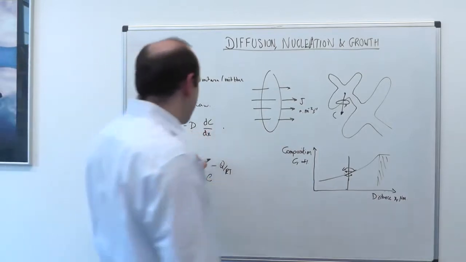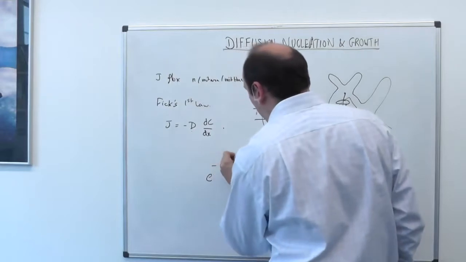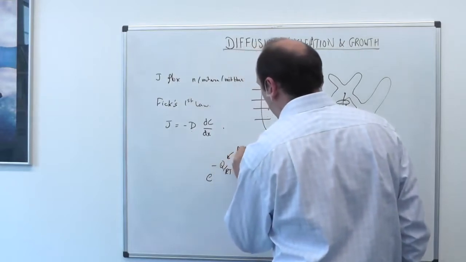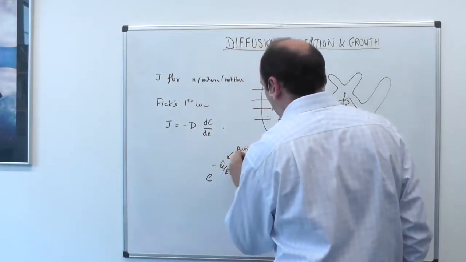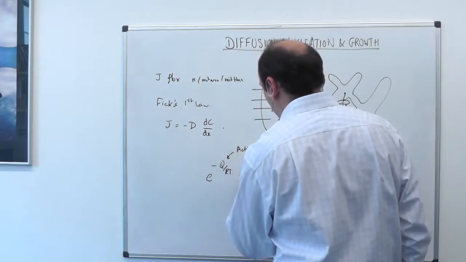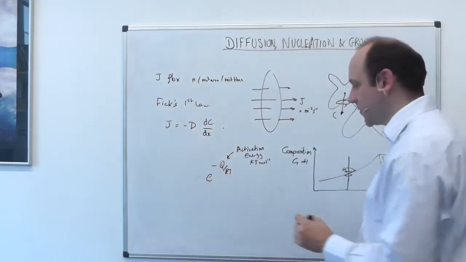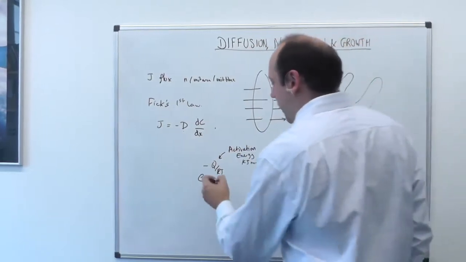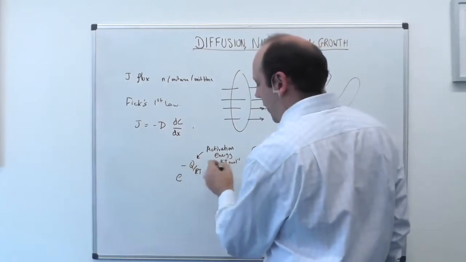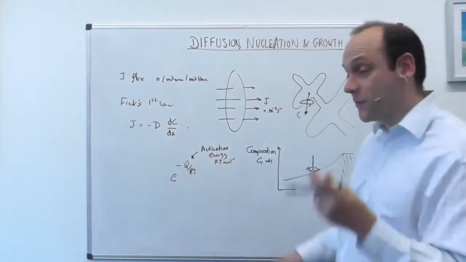The activation energy is going to be something like kilojoules per mole, because the gas constant is per mole of atoms. If you were to have it per atom, this could also be Boltzmann's constant k.